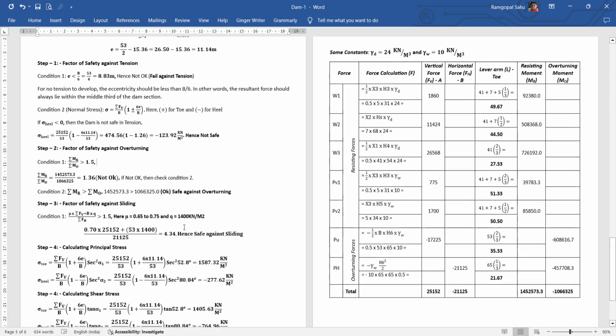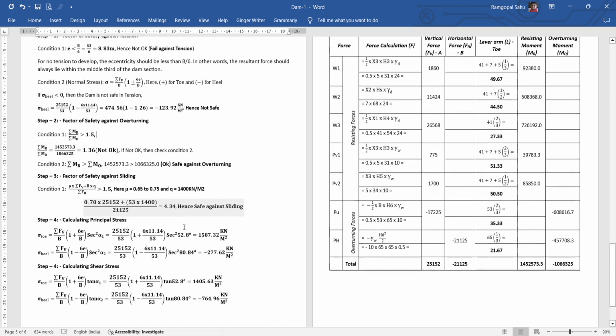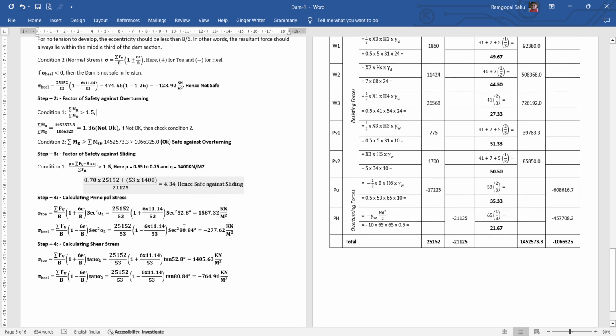Now let us check the factor of safety against overturning. Here the first condition says that the ratio of the resisting moment to the overturning moment must be greater than 1.5. So let us substitute the values and find the ratio, and the ratio is 1.36, which is less than 1.5, hence it is not okay.